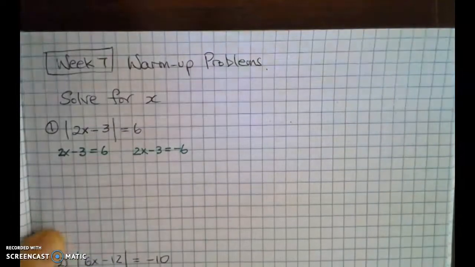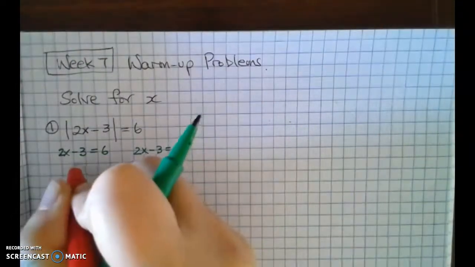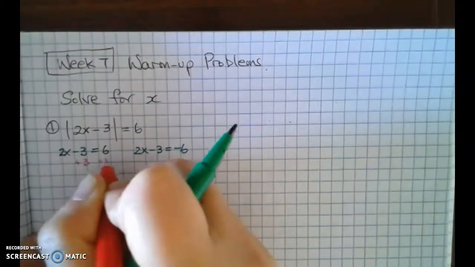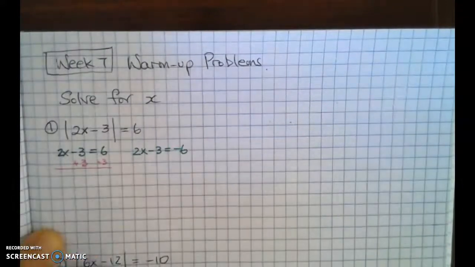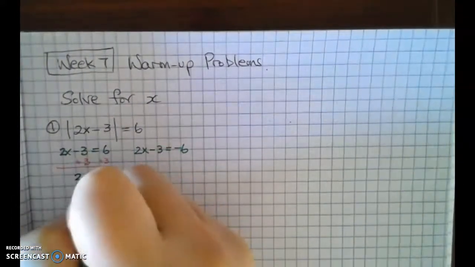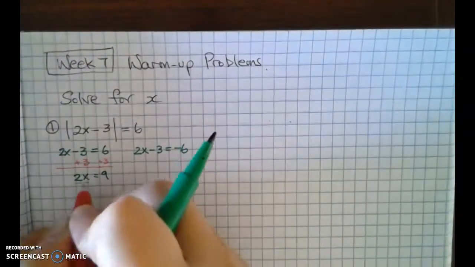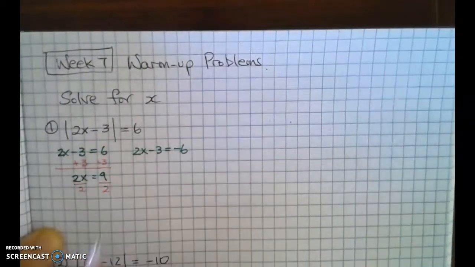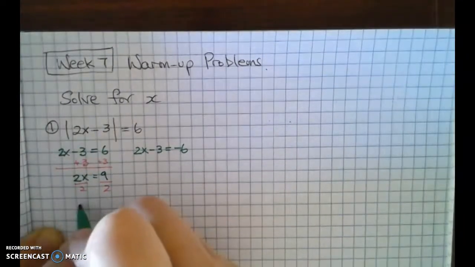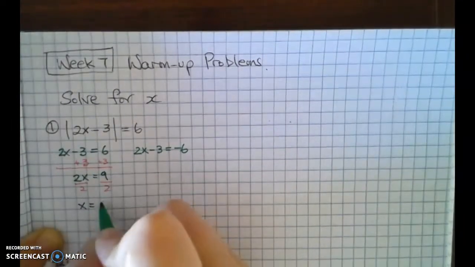So then from here, I am going to add 3 to both sides, which leaves me with 2x is equal to 9. And then from here, I am going to divide both sides by 2, which leaves me with x is 9 over 2.